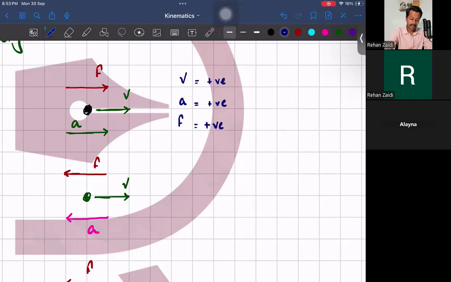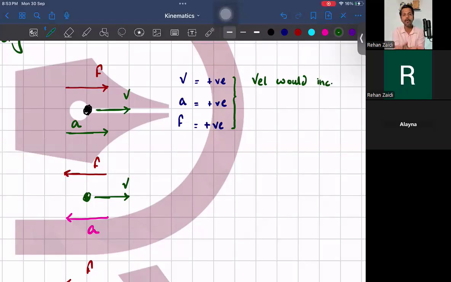Now let's comment upon the magnitude of the velocity. Would it increase or decrease? Here the velocity would increase. How? Now imagine going in a specific direction and being pushed in the same direction. I was moving forward and someone pushed me in the same direction I was already moving.